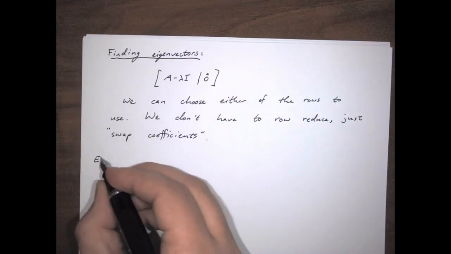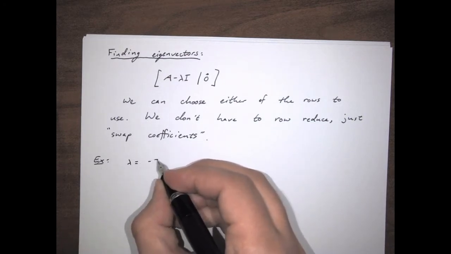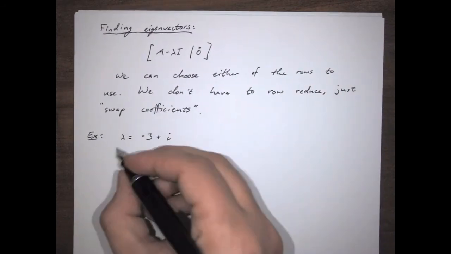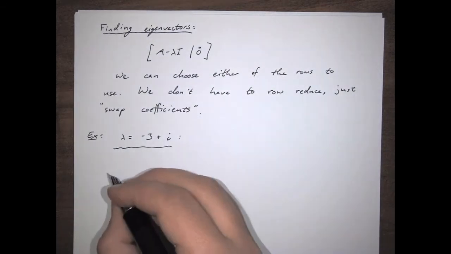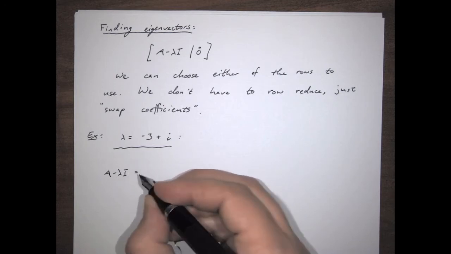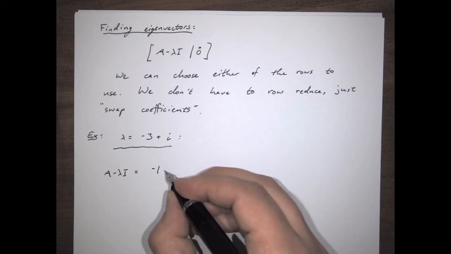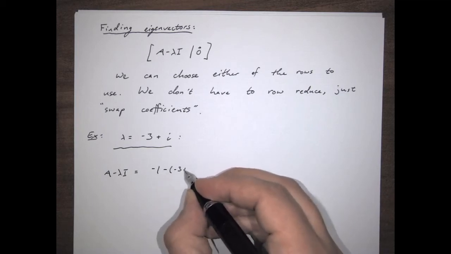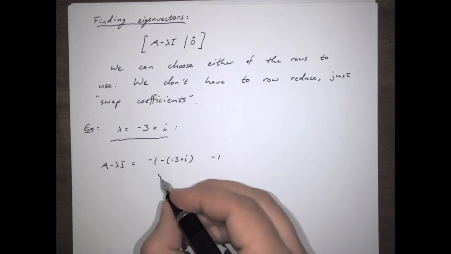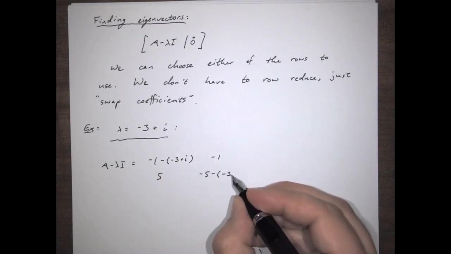I'll show you what that means. So for the example, we'll start with lambda equals negative 3 plus i. So lambda equals negative 3 plus i will be our first one. And so A minus lambda I is going to equal, so it's negative 1 minus negative 3 plus i, and negative 1, and then 5, and then negative 5 minus negative 3 plus i.